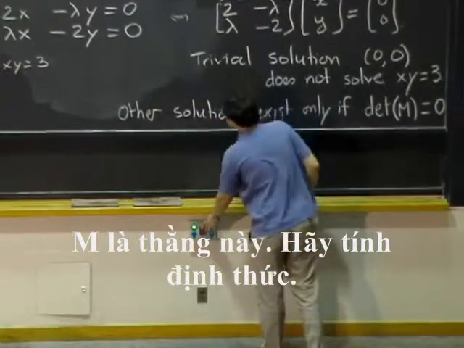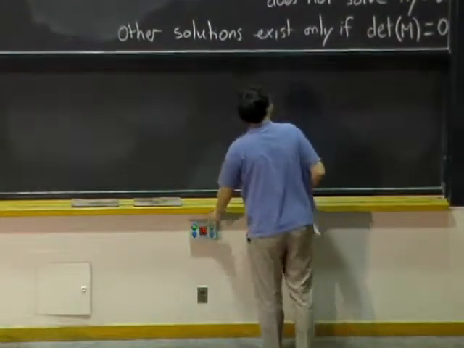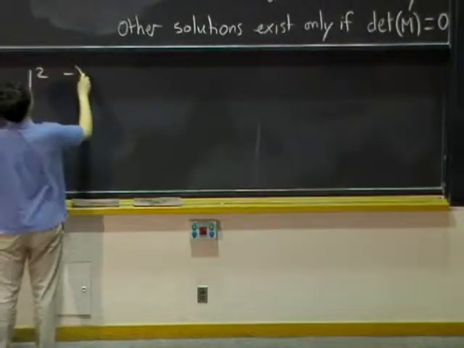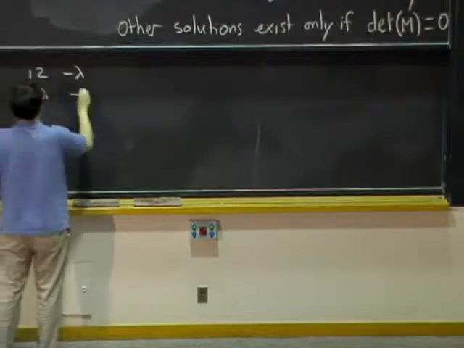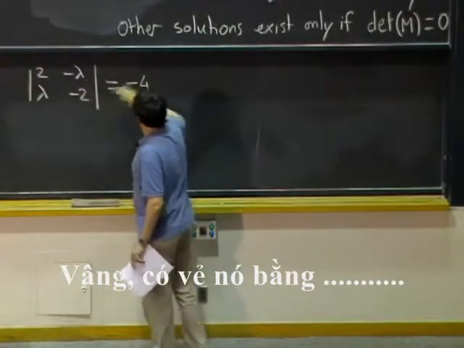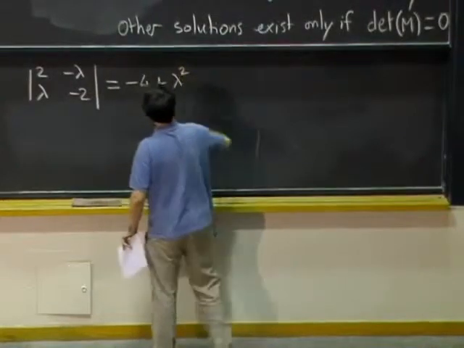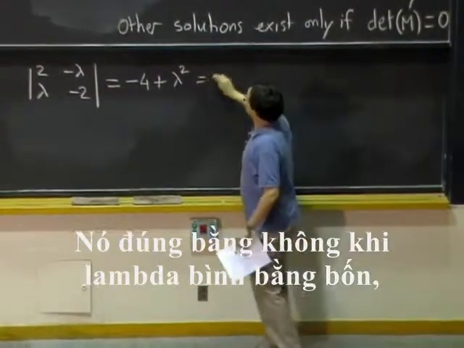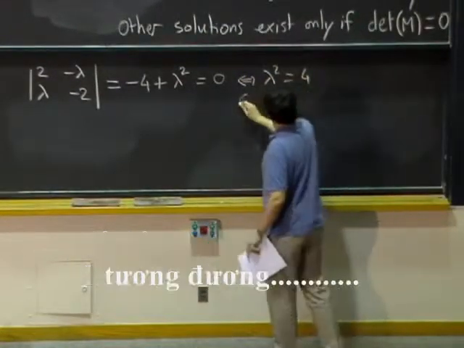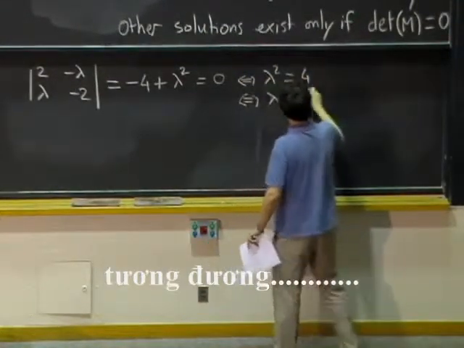Okay? So let's compute the determinant. Well, that seems to be negative 4 plus lambda squared. So that's 0 exactly when lambda squared equals 4, which is lambda is plus or minus 2.